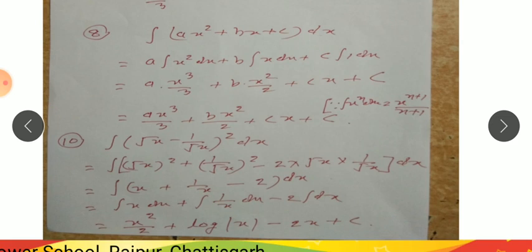Now our answer is ax cube upon 3 plus bx square upon 2 plus cx plus constant of integration.